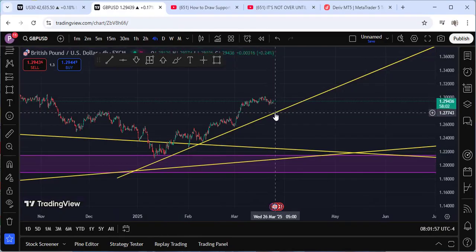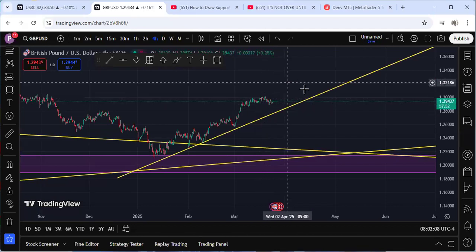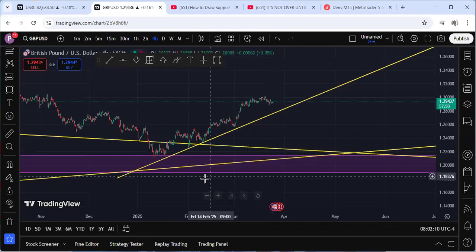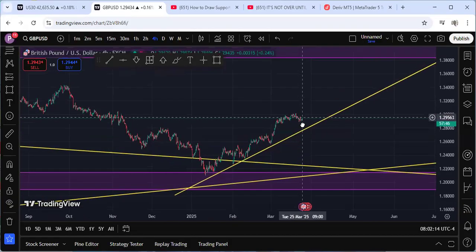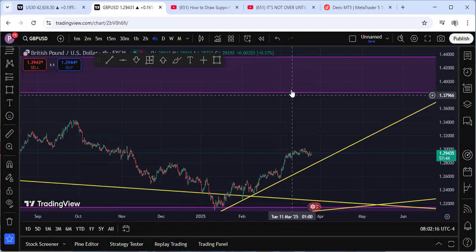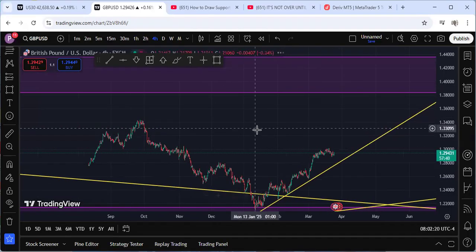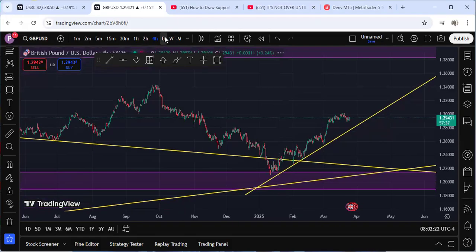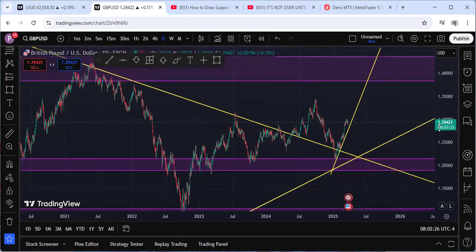Once price comes down to this trend line, that's when you look for a buy opportunity. You don't buy here. Buying here is a trap. You know why? Because you have already seen the market move, and when you buy here, when do you take your profit? The next key level. But we can also use the daily to see smaller zones, minor zones. I call them minor zones.